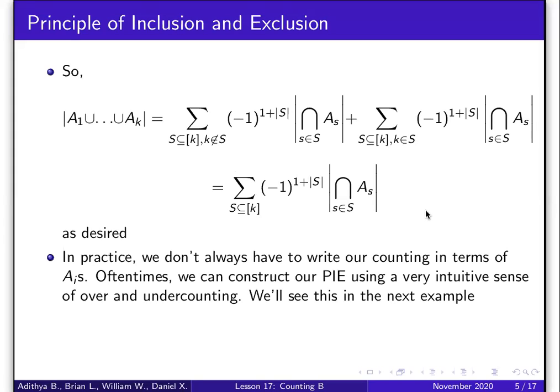So PIE sort of acts as an error correcting sum. We overcount, then undercount, then overcount, then undercount, and so forth. So in general, PIE can appear in numerous different ways in our questions. And we'll see an example of this with our first example of the day, which Daniel will present.